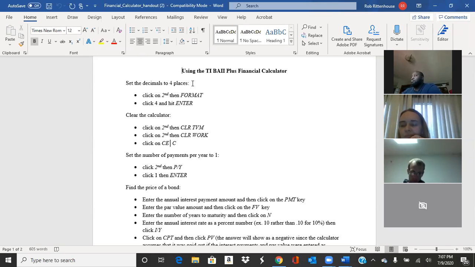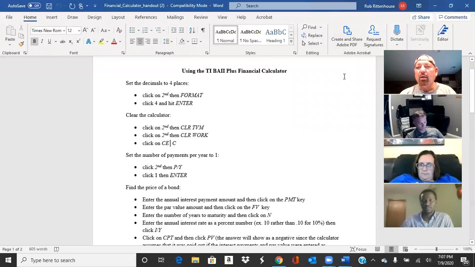Since the calculator only goes out 2 decimal places, it would just show 0.09. On a test, I've had students enter 9% when the exact answer was 9.41%. Because of that, I tell everybody, set your calculator to 4 places past the decimal.